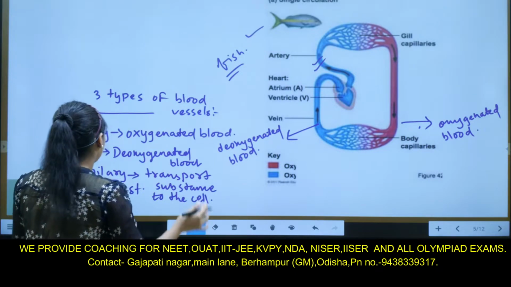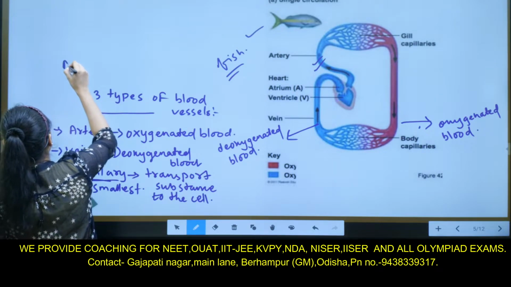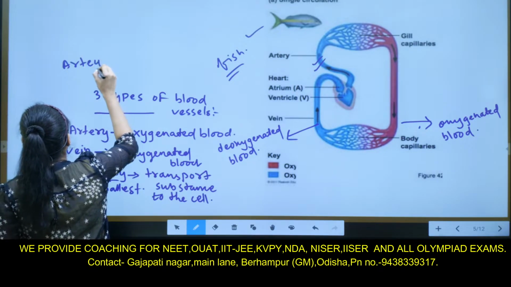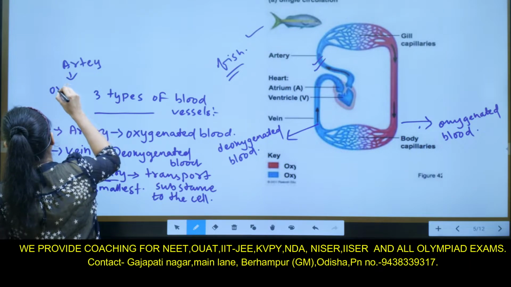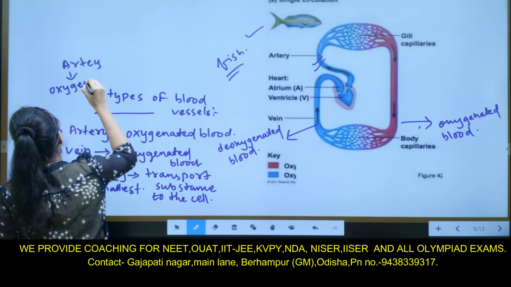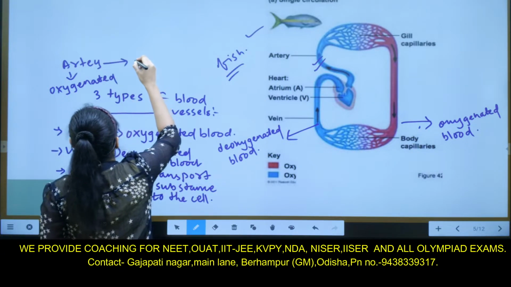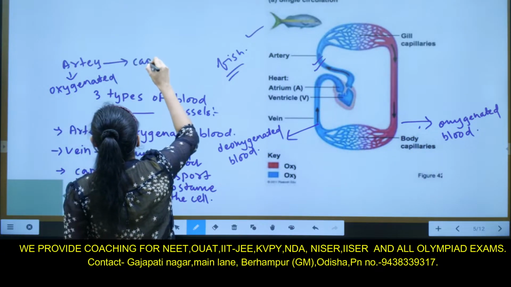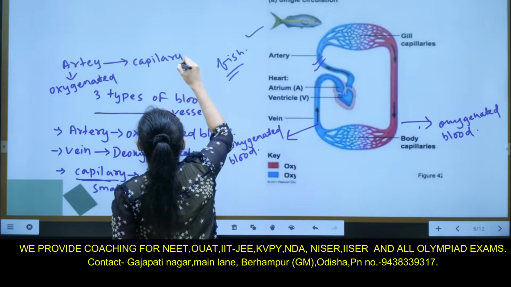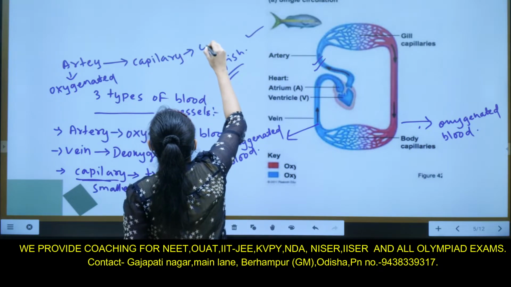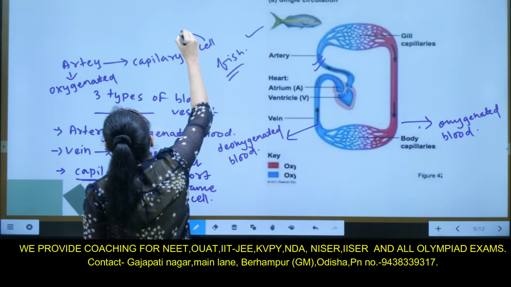So how does the blood flow? From the artery, that is oxygenated blood, and after that to the capillary, after that to the cell.